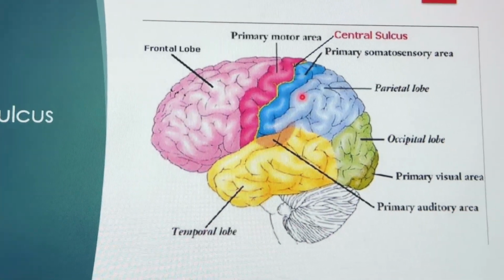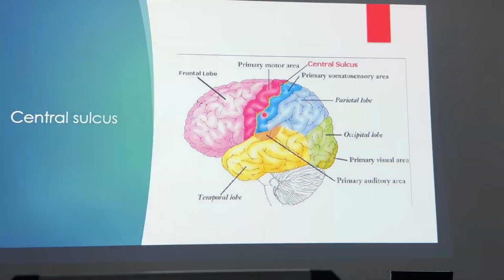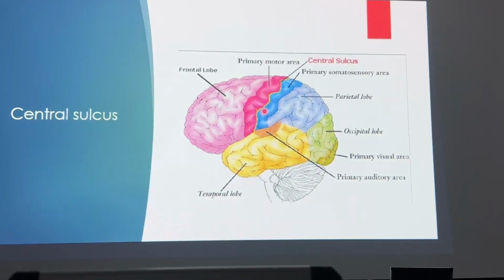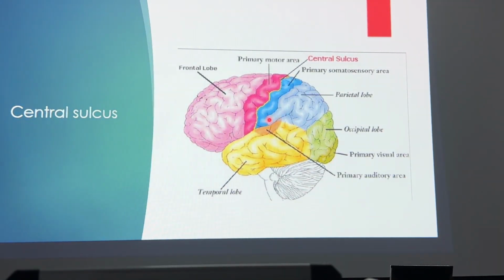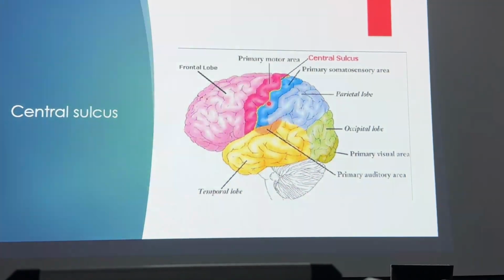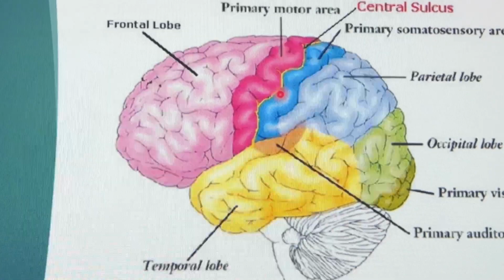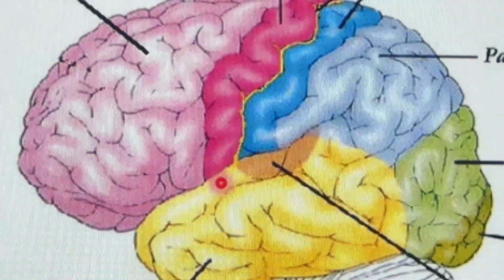The central sulcus is very important to identify on CT scan and MRI, since it separates these two very important areas in the brain. This is again the demarcation of the central sulcus. It goes from the superficial part to the deep part of the brain.